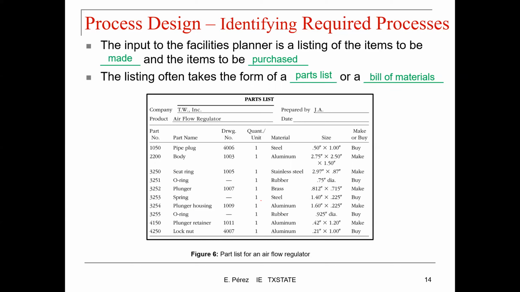As you can see, we have a list of parts. The first column is the part number. Each part has a number and a name. If we have a drawing, then we will have the drawing number and how many are needed per assembly, the type of material, the size, and whether we are buying or making those in-house.